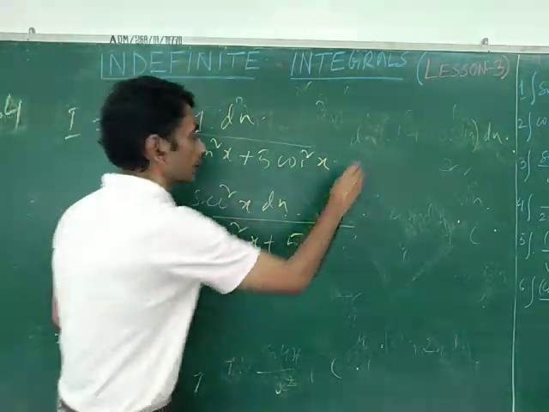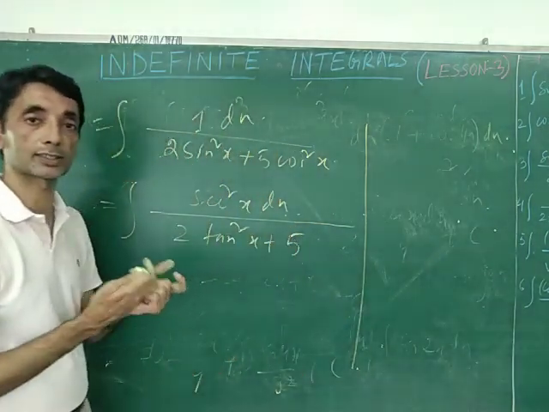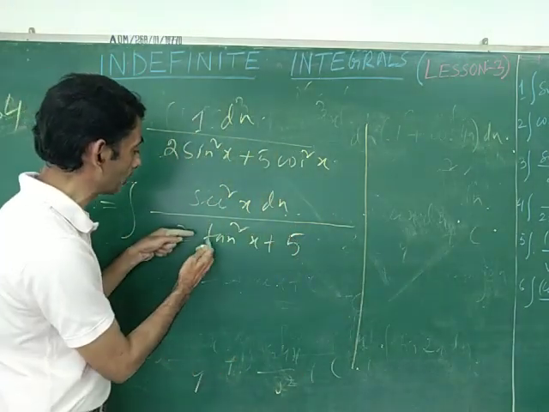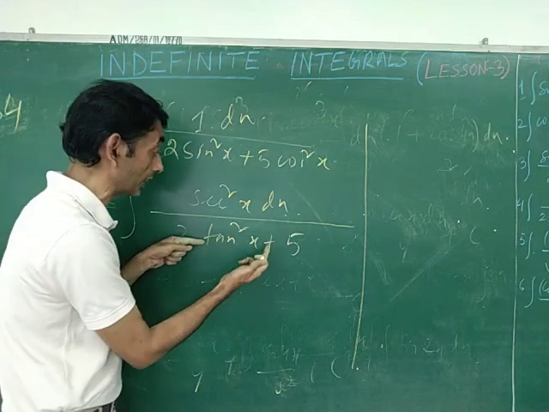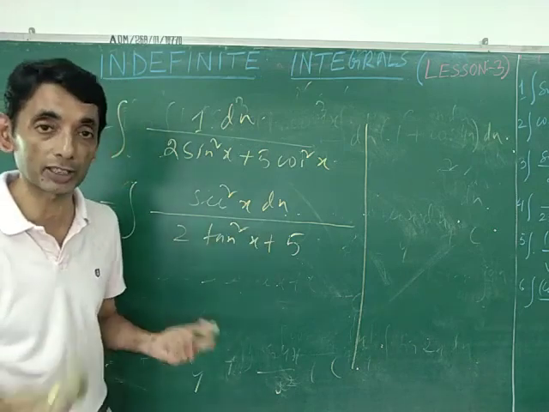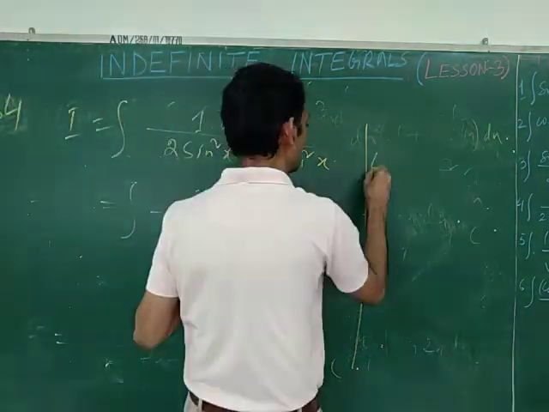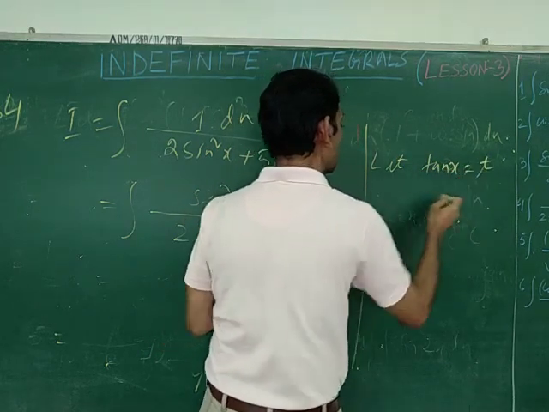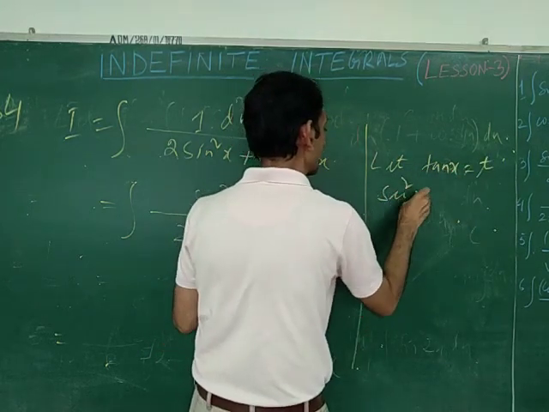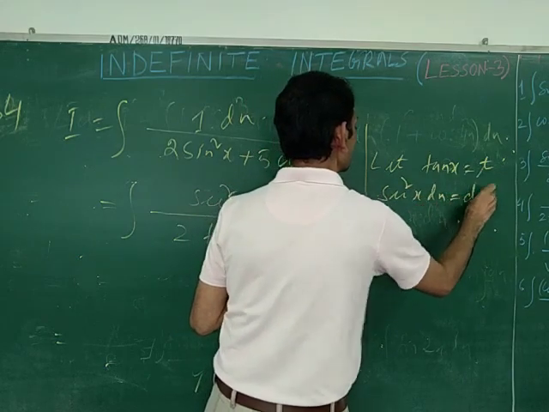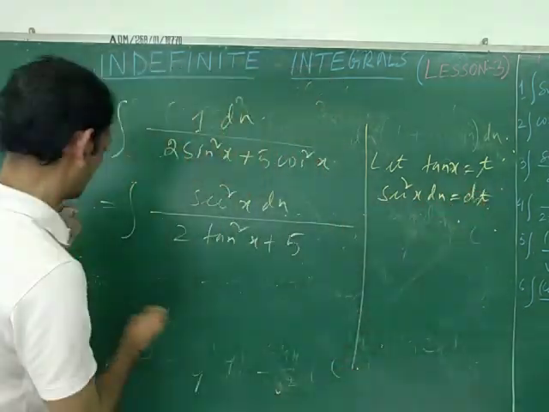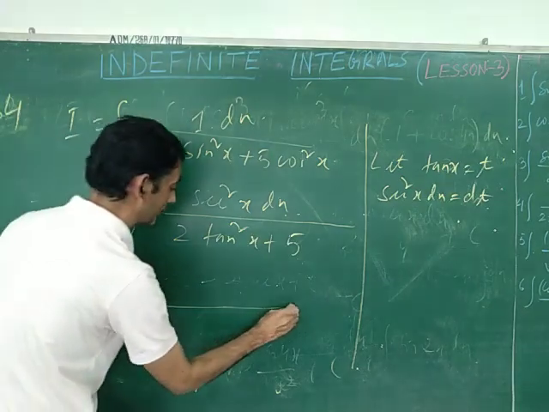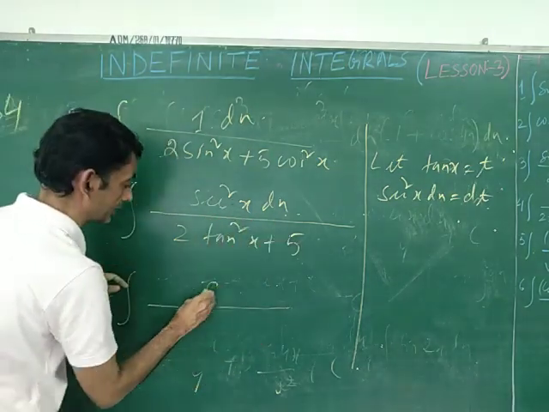Now the next step will obviously come to your mind: the moment you get tan x and sec square x, you should know this is to be done by the method of substitution. So just substitute, let tan x equal to t, and if you differentiate this, sec square x dx is dt.